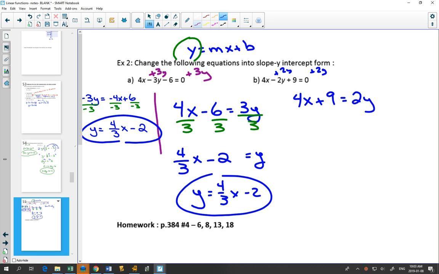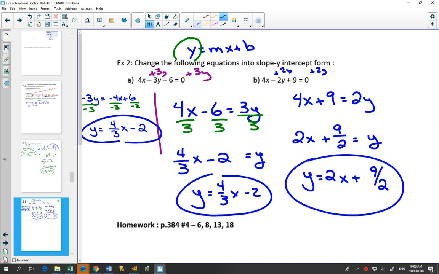It's not wrong if you moved everything over the other way. Now, dividing everything by 2, and you could either leave it as a fraction 9/2 or change it to a decimal 4.5. Both would be fine.